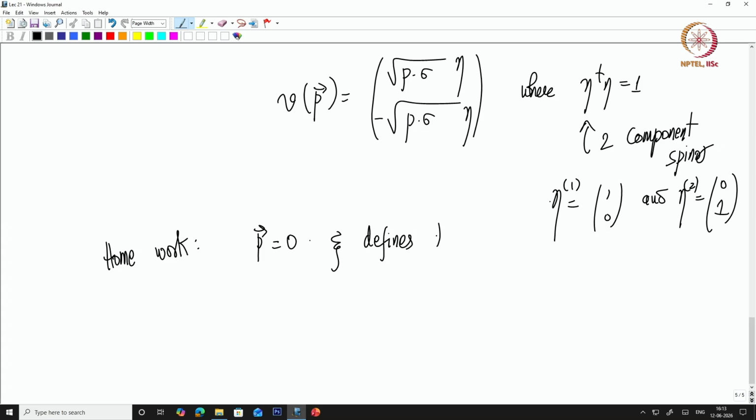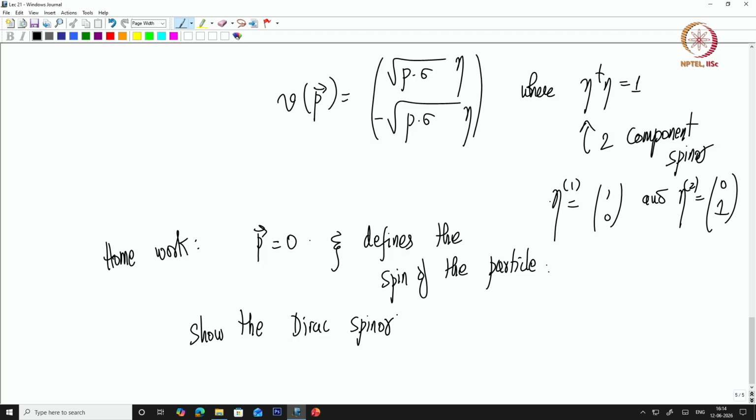defines the spin of the particle. In this case, show the Dirac spinor has the form u of p, for the particle, equal to root of E minus p 3.